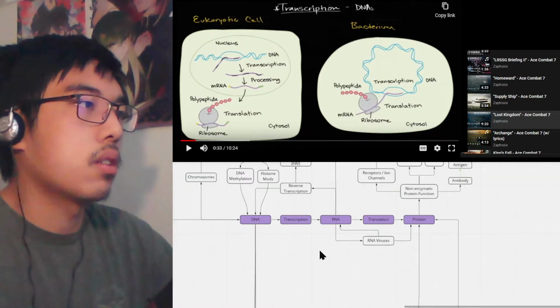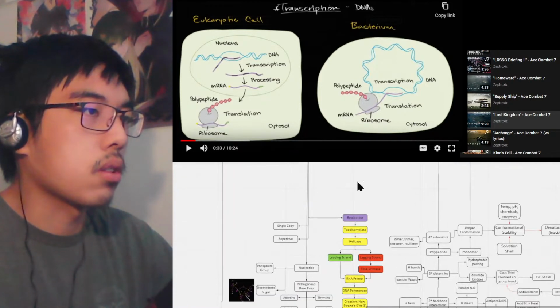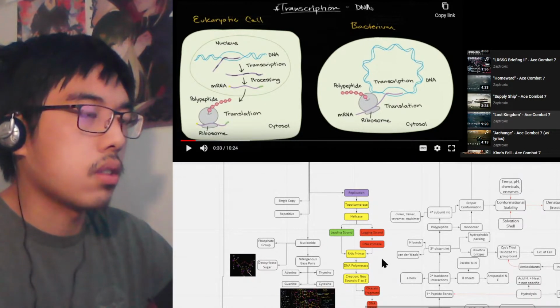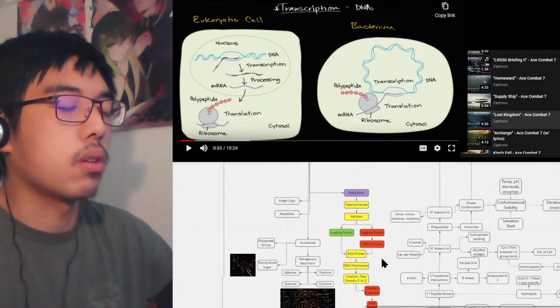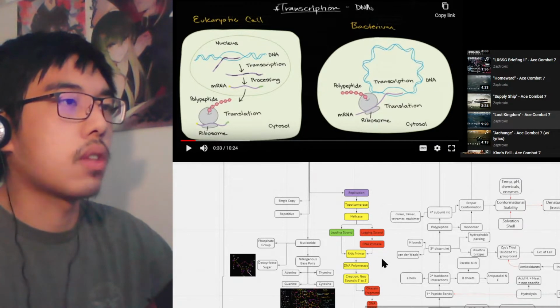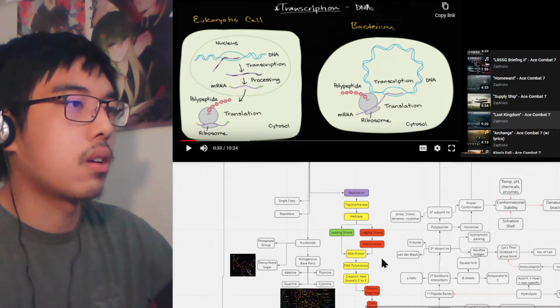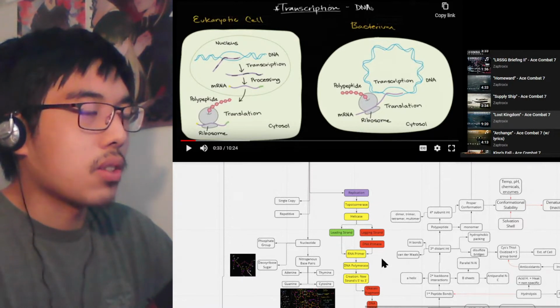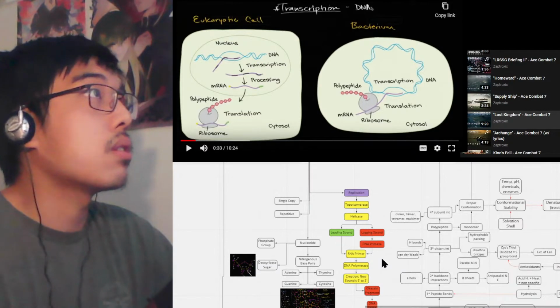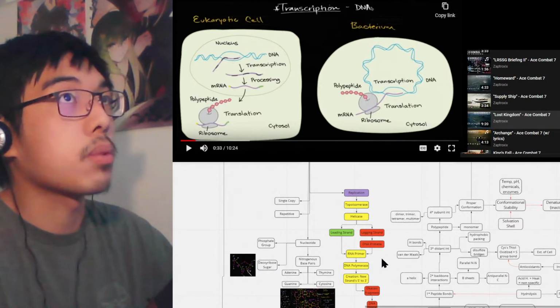Like, in this case, we can look over at RNA primers. What is that important to? What kind of thing uses that in its system? Replication. DNA replication. And so you're like, okay, how are they used in replication?